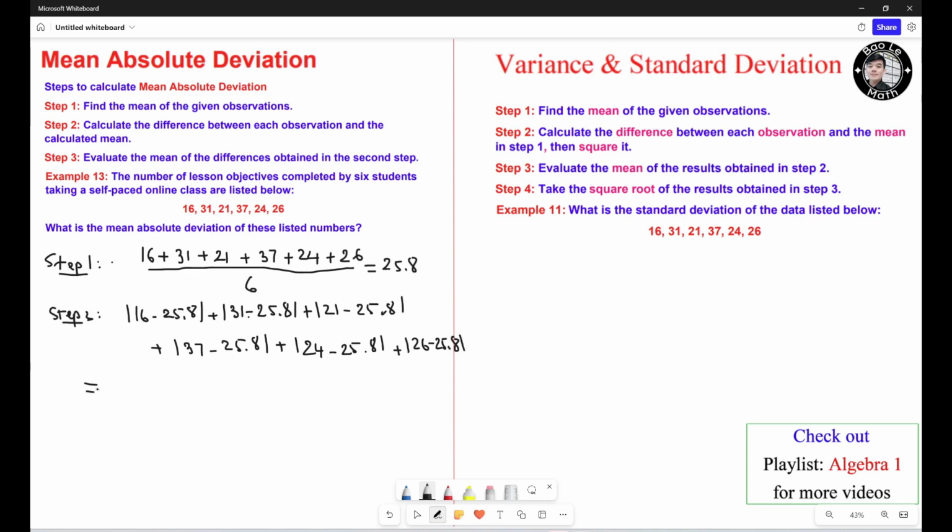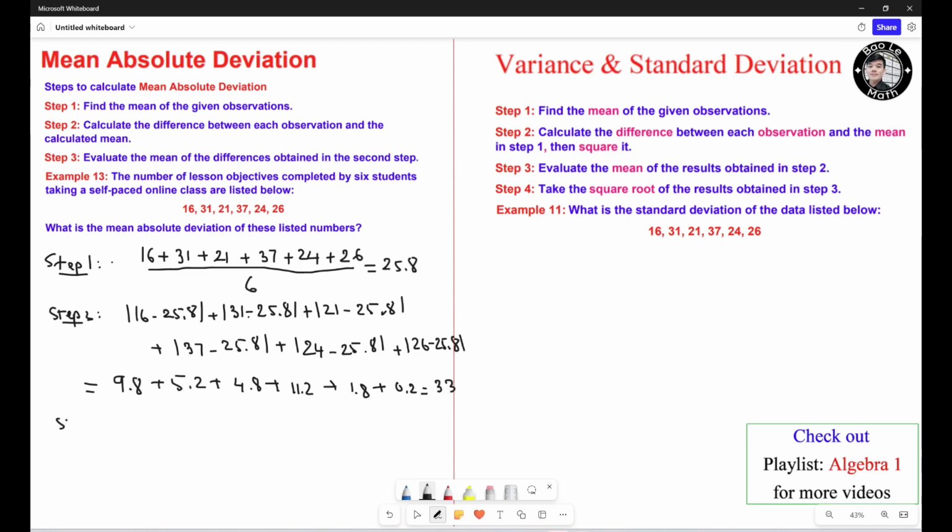The answer for the first one should be 9.8. The second one should be 5.2. The next one should be 4.8, the next 11.2, the next 1.8, and the next 0.2. If you add these up, it should be 33.